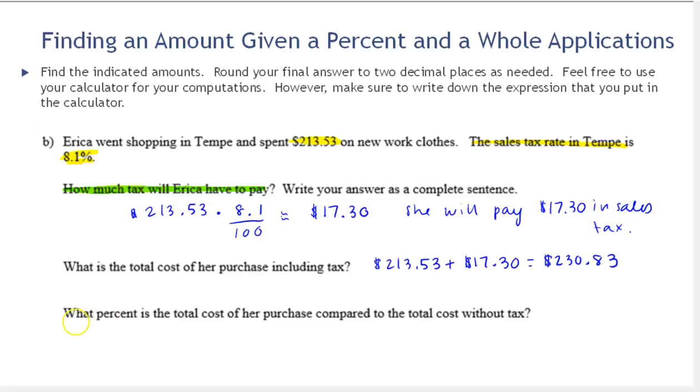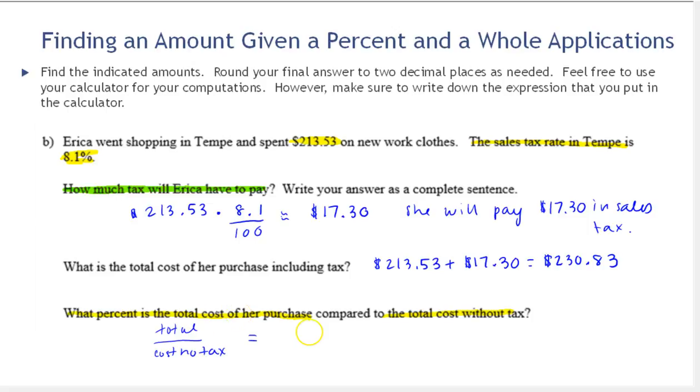And finally, we're asked what percent, let's highlight this, is the total cost of her purchase compared to the total cost without tax. Okay, so this is a multiplicative comparison, and we want to compare the total cost to the cost without tax. So we're going to write this as a ratio, and then we're going to change this ratio to a percent.